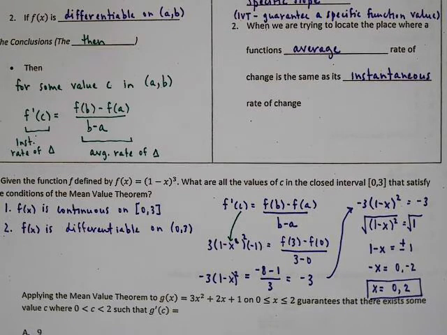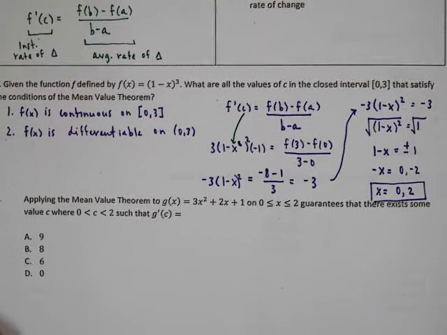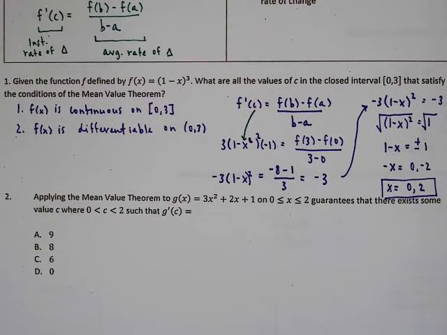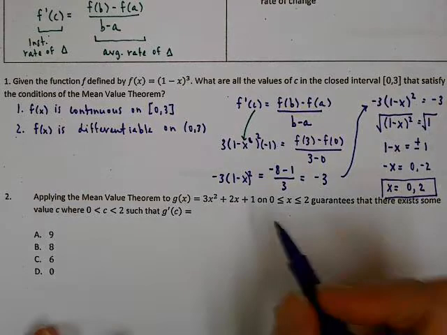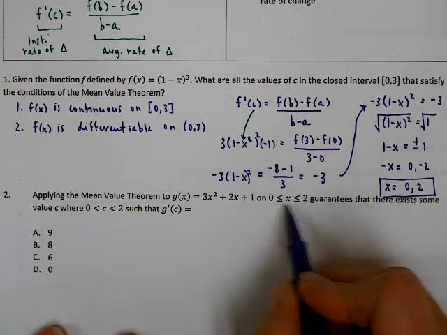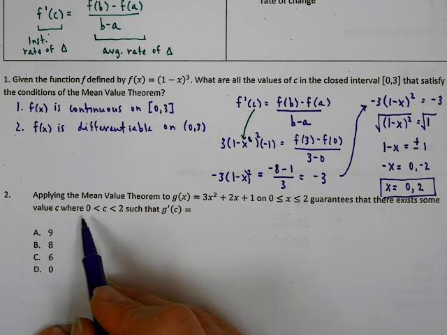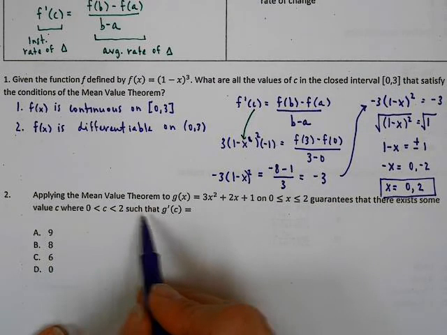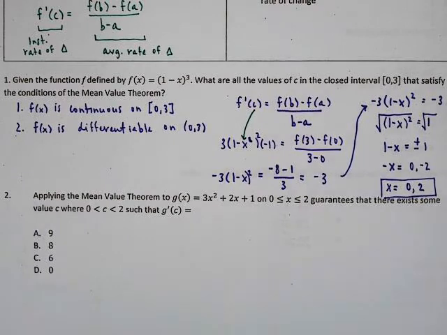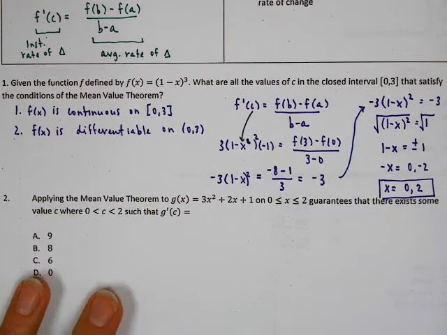Okay, let's look at number 2. Applying the mean value theorem to function g of x on the interval between 0 and 2 guarantees that there exists some value c, where c is between 0 and 2, such that g prime of c is equal to which value.